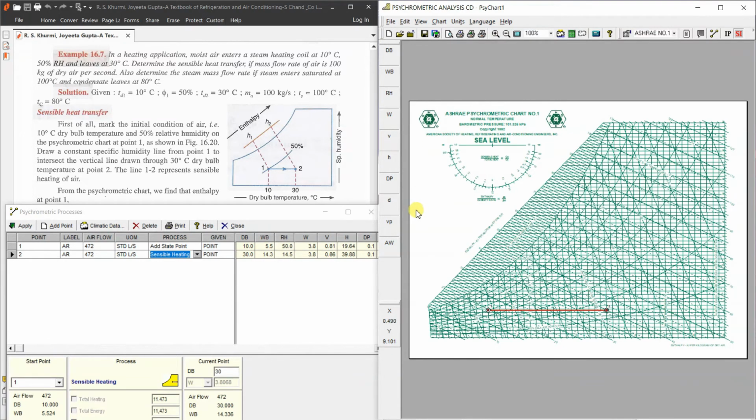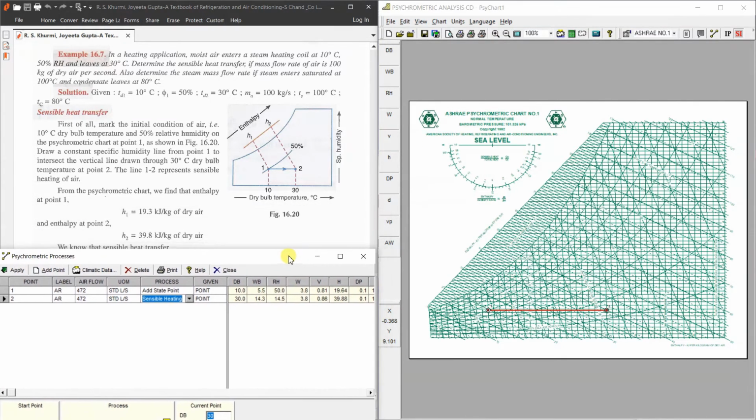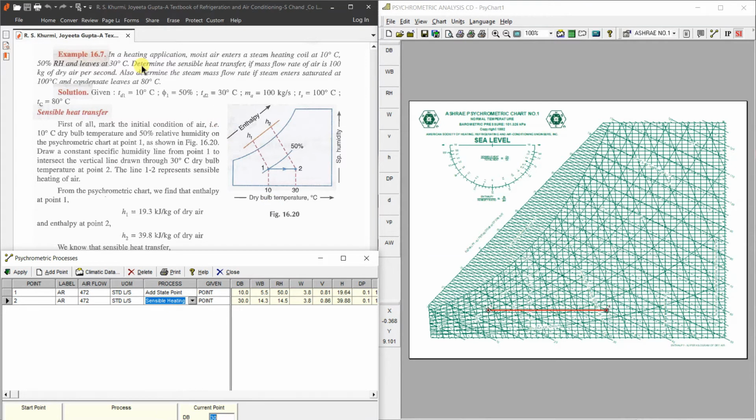Now what we have to find out, we will see that. Determine the sensible heat transfer if the mass flow rate of air is 100 kg of dry air per second. So the mass flow rate is given. Here you can see the unit, mass flow rate in kg per minute is available, so we will select kg per minute. Now the kg per second value is given as 100.